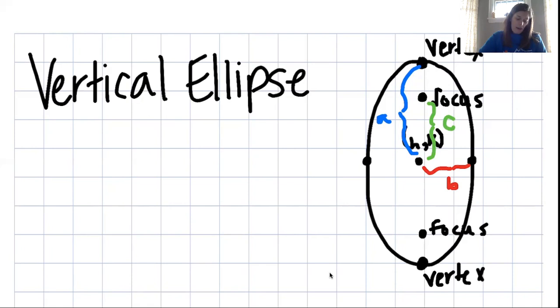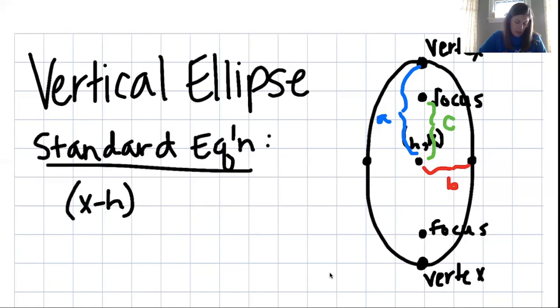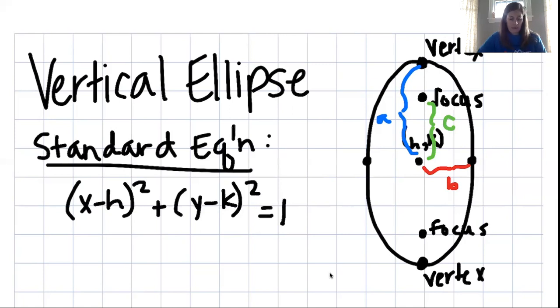All right, so how will we know when we have a vertical ellipse? Well, we have the standard equation, and it's going to look very similar to the one we saw in the previous video. We're going to have an x minus h quantity squared. We're going to have a y minus k quantity squared. And of course, our equation has to be equal to 1.